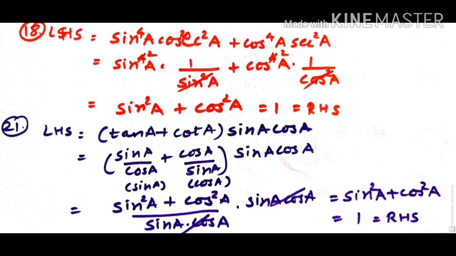So wherever cos a is written I write sin a, and wherever sin a is written I write cos a, that I will multiply in the numerator. So it becomes sin square a plus cos square a upon sin a into cos a. And already into sin a cos a is there. So sin a cos a gets cancelled because they are in multiplication. So we are left with sin square a plus cos square a. And the value of sin square a plus cos square a is equal to 1. So that is our right hand side.